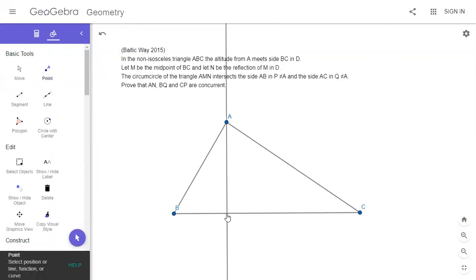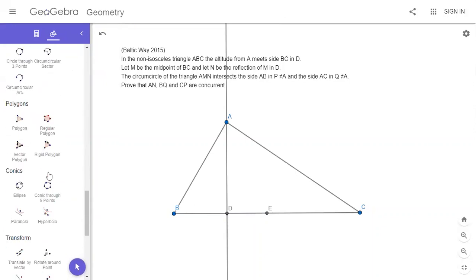Meets B, C, and D. M is the midpoint of BC. N is the reflection of... reflect.